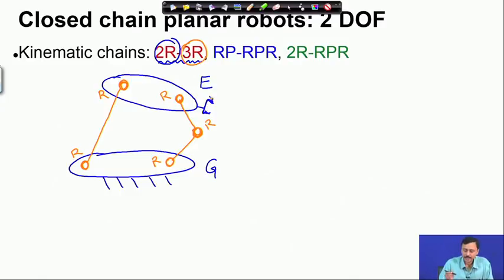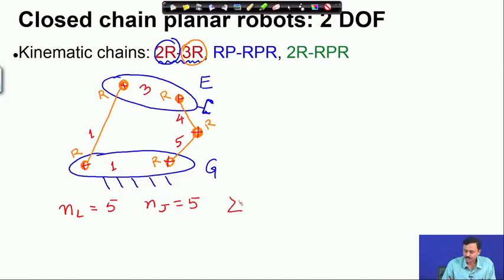If you want to calculate the degree of freedom, this ground is 1, 2, 3, 4, 5. So, the number of links is 5, the number of joints is 1, 2, 3, 4, 5, and since they are all revolutes, the summation of degrees of freedom of each joint is 5.